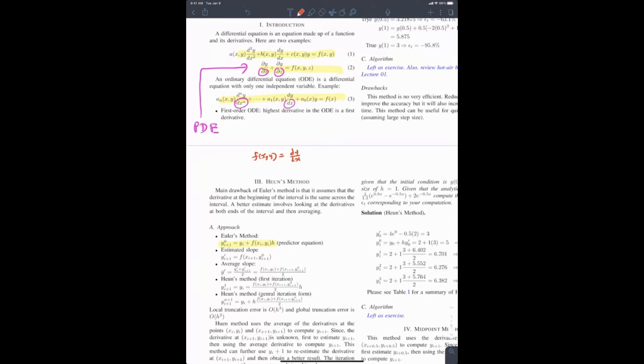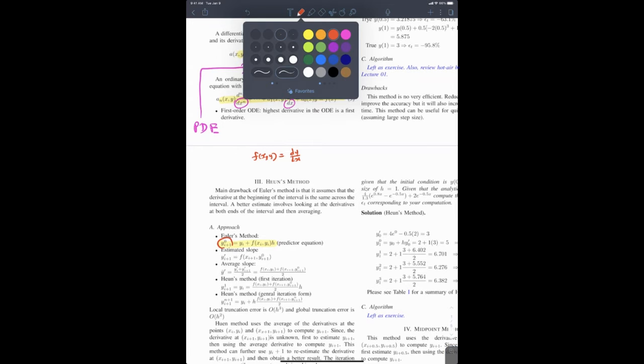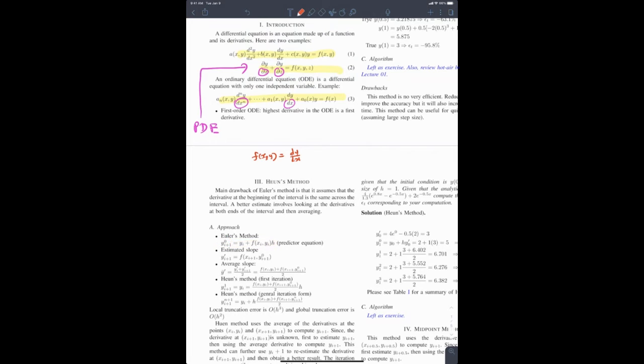So we will use that as a predictor equation, and then we will use this estimate in the function, because if you look at this, f(x, y), I'm writing at the top, f(x, y) is the slope.